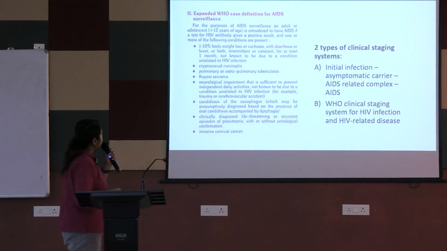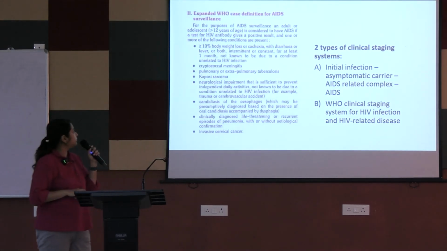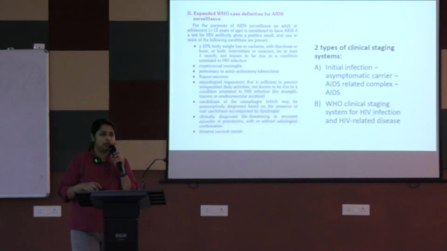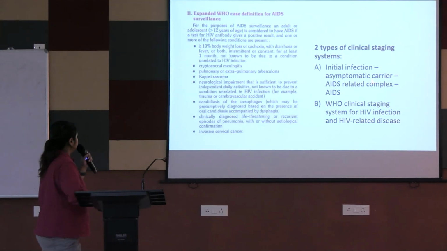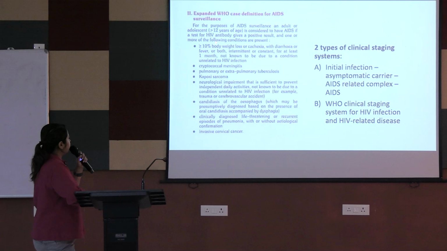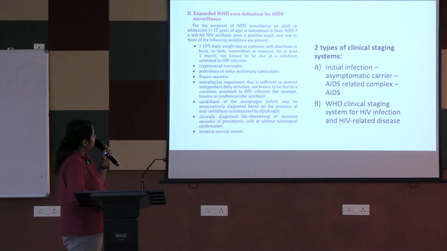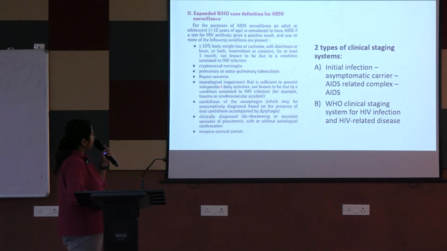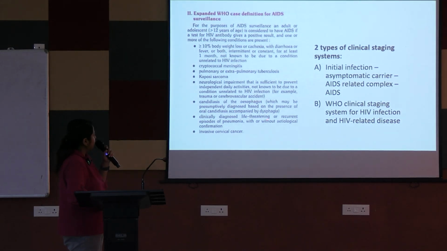Then there is the expanded WHO case definition for AIDS surveillance. It is almost similar to the normal definition that is followed, but for the purpose of surveillance under WHO, it is loss of more than 10% body weight or cachexia with diarrhea, fever or both for at least 1 month, cryptococcal meningitis, pulmonary or extrapulmonary TB, Kaposi's sarcoma, neurological impairment, esophageal candidiasis, life-threatening episodes of pneumonia, and invasive cervical cancer.